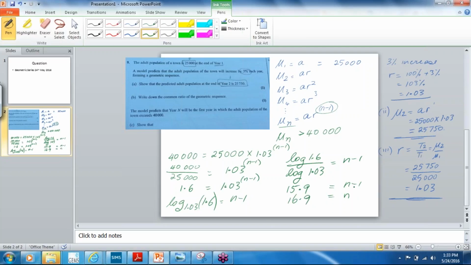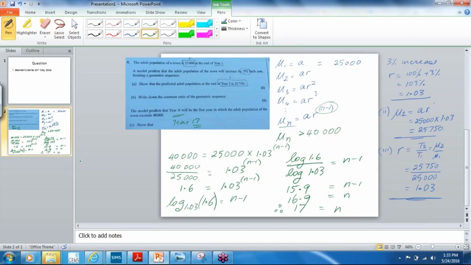Now, at 16.9 years we get to exactly 40,000, but the answer is which year it is, and it will be year 17. So when n is 17, we will get a population greater than 40,000.